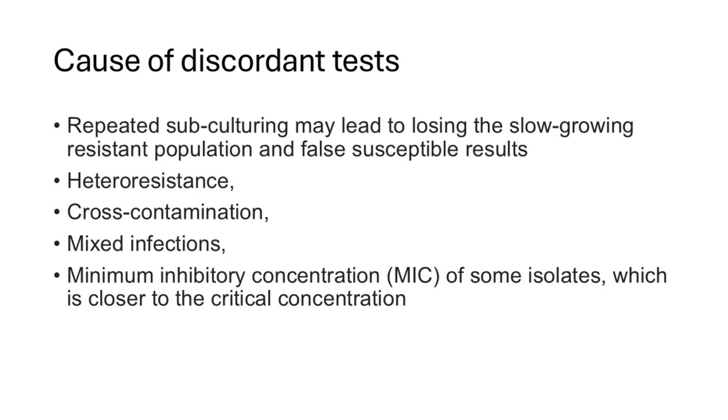Or you could have a previous sample which has fallen on the table or on the floor and gets mixed with this sample, and that causes cross-contamination and you may get a false susceptible or false resistance in the report. Then you could also have a patient harboring mixed infection. So he may be infected with both a sensitive bug as well as a resistant bug, and you may get different reports. And sometimes the MIC of these isolates is very close to the critical concentration, and that can give you a false resistance report.